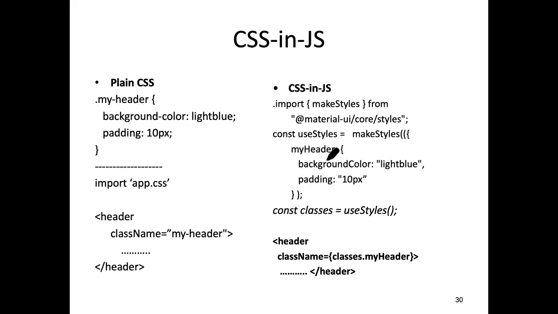You actually have to change that attribute and use camel case. That's one of the differences between CSS in JS and ordinary CSS. You have to use camel case, and you can see I'm using it here. Even though this is my custom class name, it has to follow the camel case style, whereas over here I use the hyphenated style.